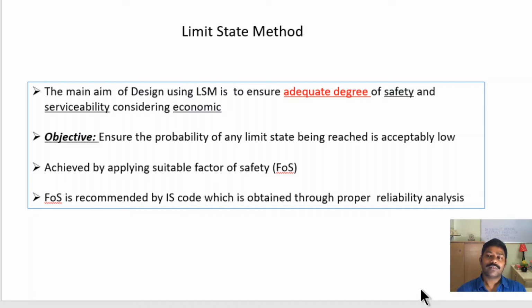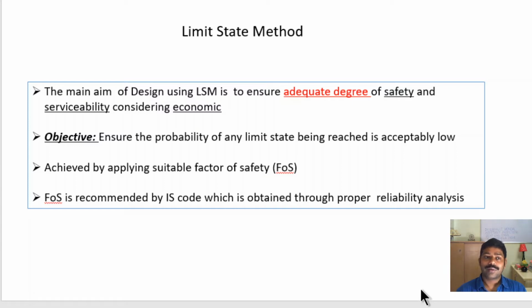So here we are allowing up to a certain level of stress in the limit state method, and we are also enhancing the load by applying some factor of safety. The probability of reaching that allowable stress is low, as well as the probability of reaching the factored load for which it was designed.